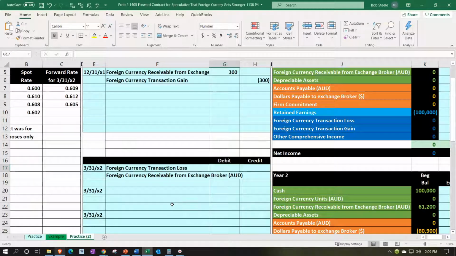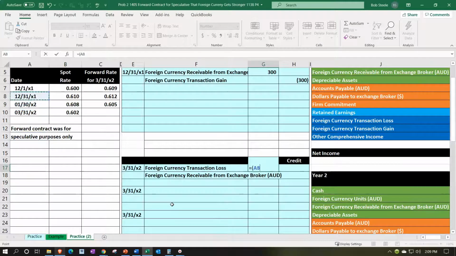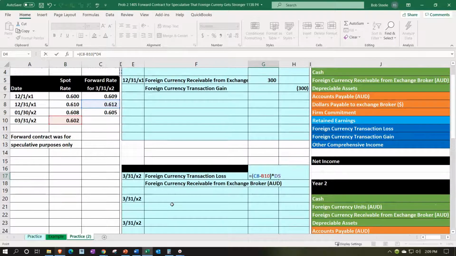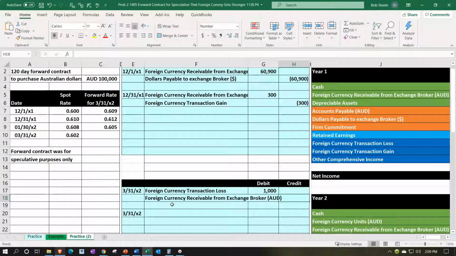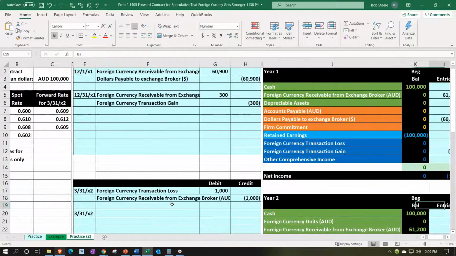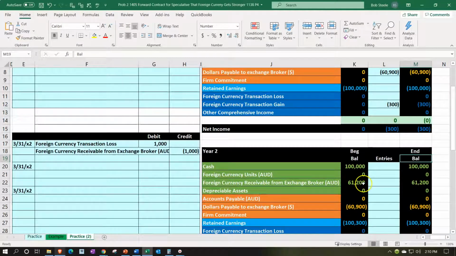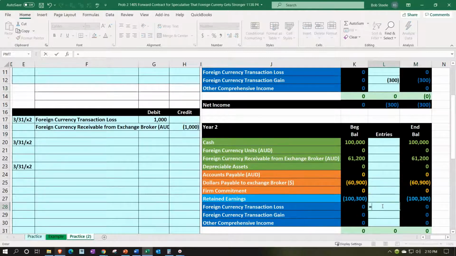I'm going to do that calculation again: equals, brackets, I'm going to take the larger of the two numbers we're dealing with, which was the 12/31 forward rate, minus the spot rate at this point in time, into the contract, times brackets, and then times the amount of the 100,000. So there's our $1,000. And then if we make our adjustment over here, that means we have a loss of 1,000, and the receivable is going down by that 1,000.